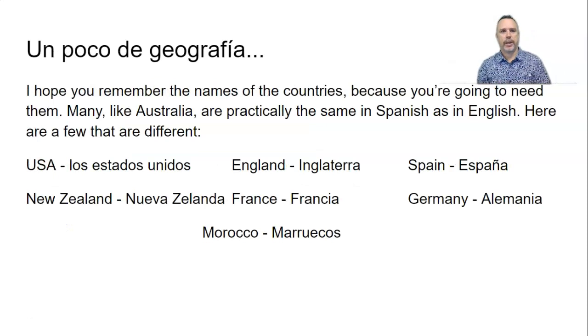So we're going to do un poco de geografía, a little geography. I'm hoping you remember the names of the countries. We have looked at them. You're going to need them. Remember, many of the names of countries in Spanish, like Australia, are either exactly the same or practically the same in Spanish as in English. Other examples of ones that are very similar, for example, China.